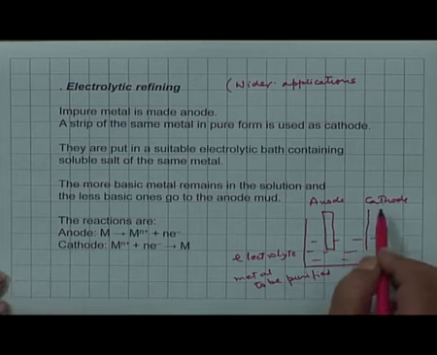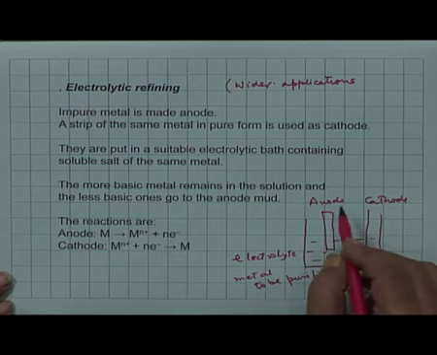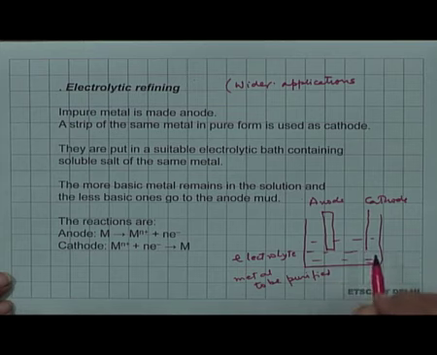Then electric current is passed between these two electrodes. From anode the metal dissolves into the solution and is deposited in pure form at the cathode.